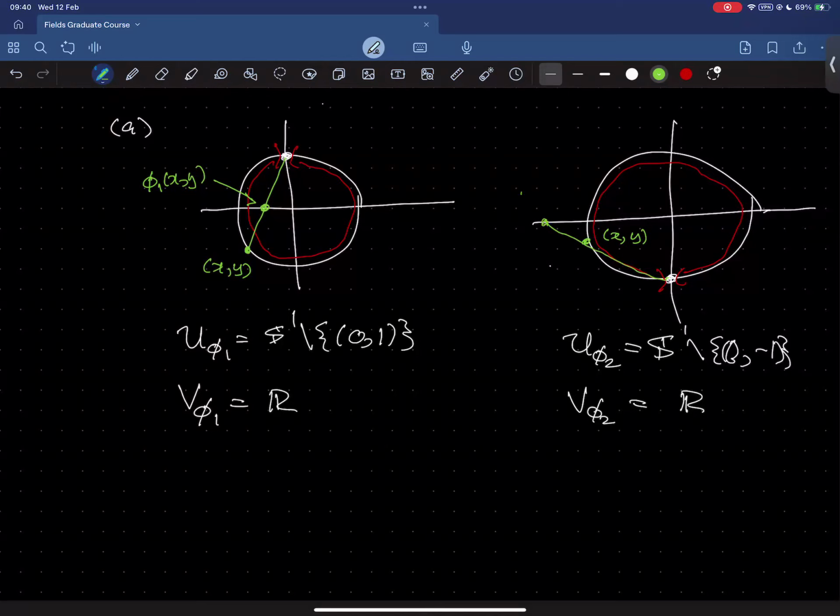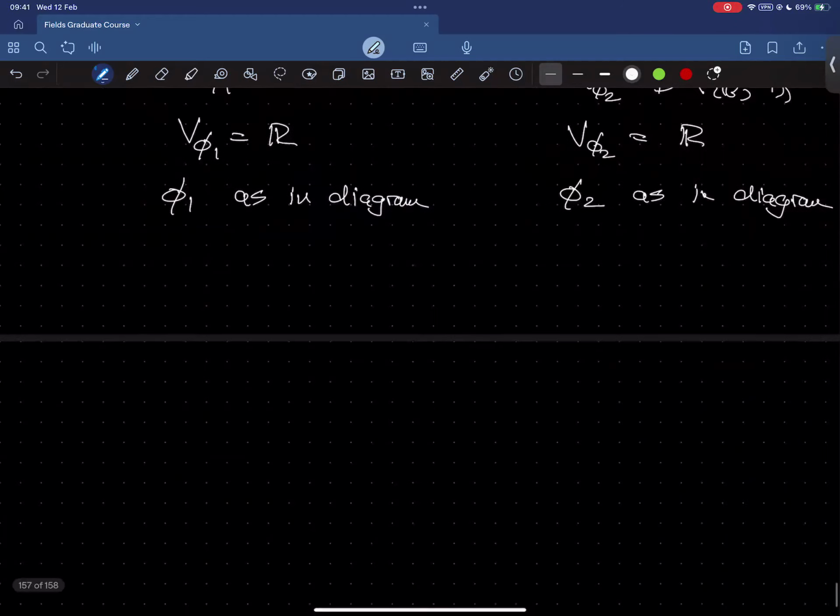And so this point will be phi 2 of X, Y in this case. And so I can write again that phi 1 as diagram, phi 2 as diagram. Now I'm sort of where I was before.